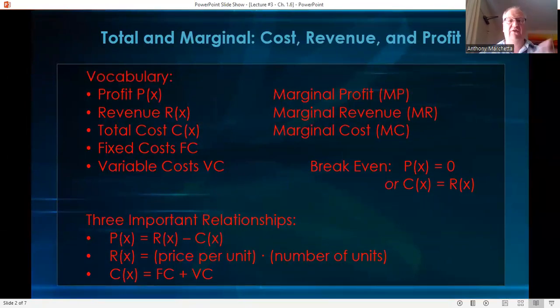Likewise, if you look in our vocabulary, you'll see they like to use those special function names, P of x, R of x, and C of x. Something about cost. Cost is usually expressed in 2 mathematical quantities, fixed costs and variable costs. The fixed costs are usually a constant, like a number, maybe it's $100,000 or something like that.